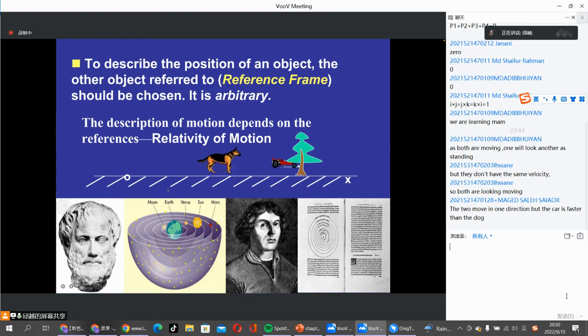Okay, from this example, we can say the choice of reference frame is really important, and it can really influence our way of description of motion.